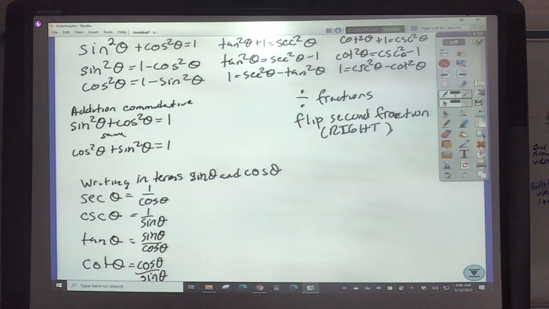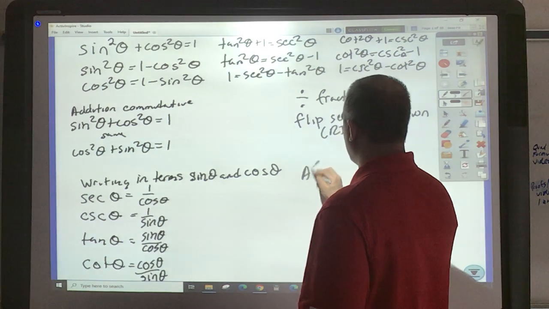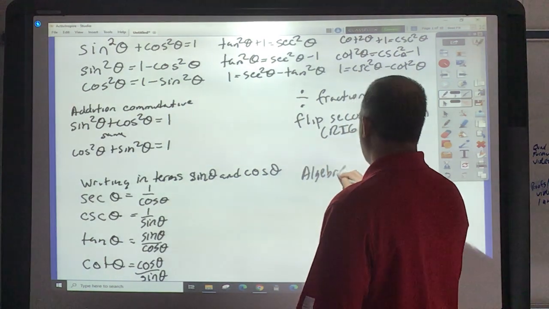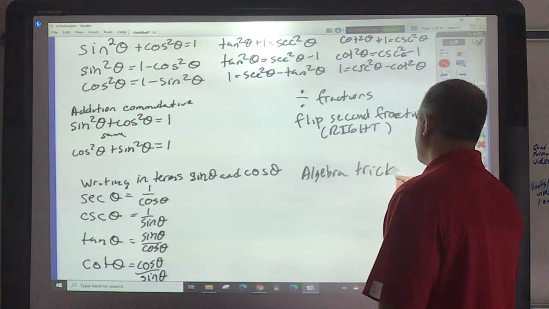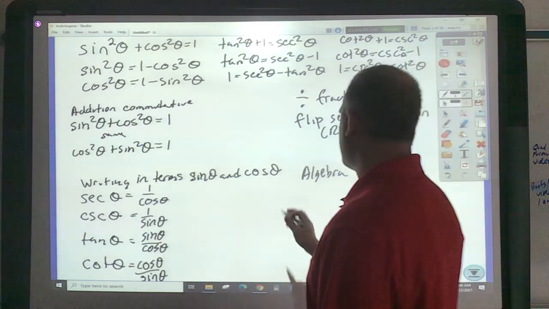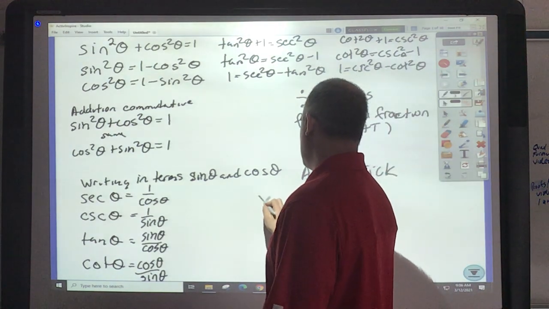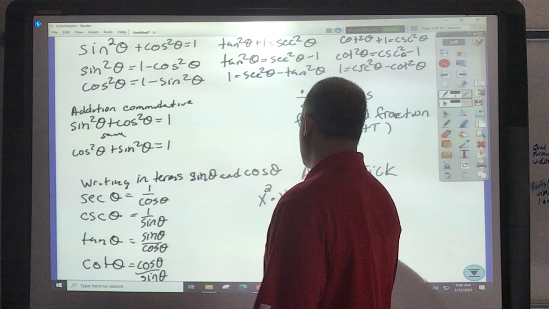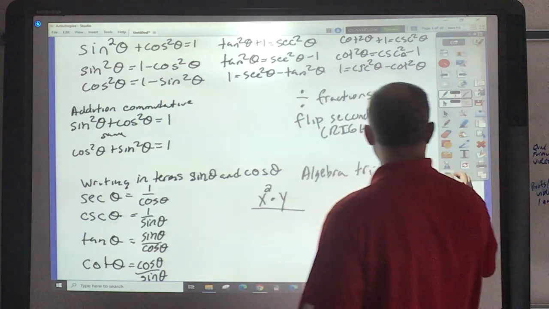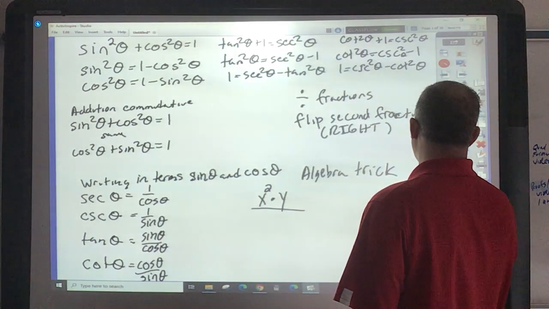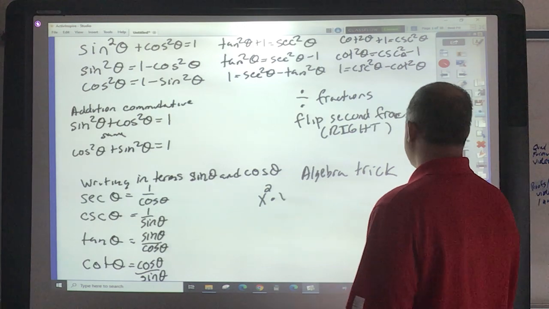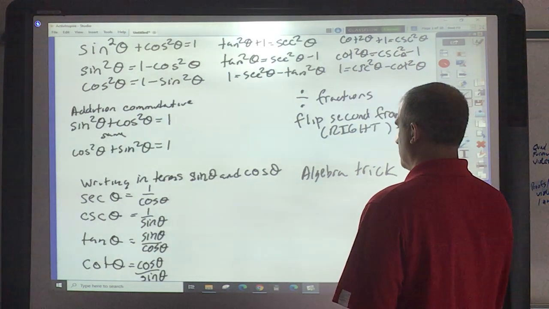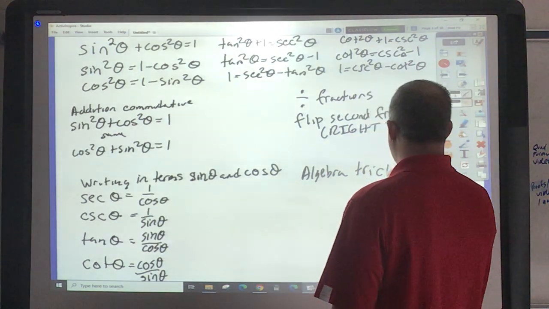Now, another algebra trick I want to show you. If you have something like this, let's say x squared times y, well, it's not really like that. A couple algebra tricks.